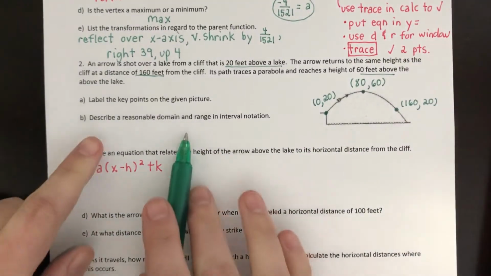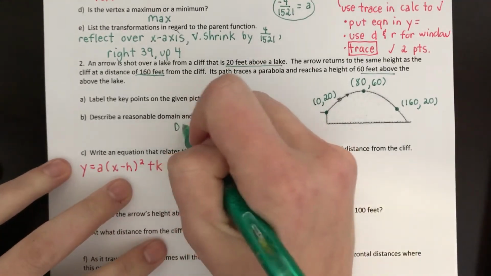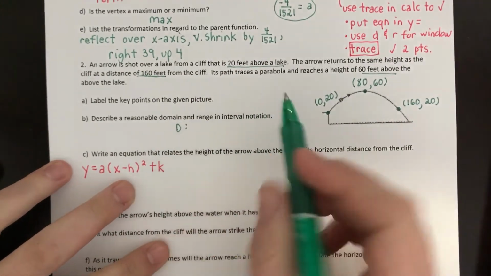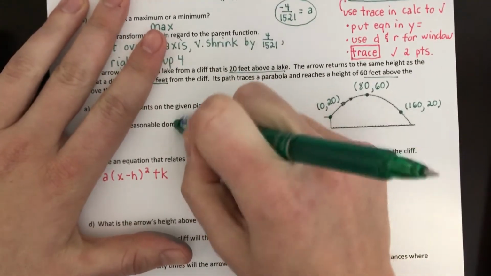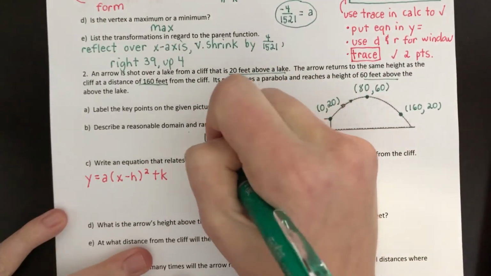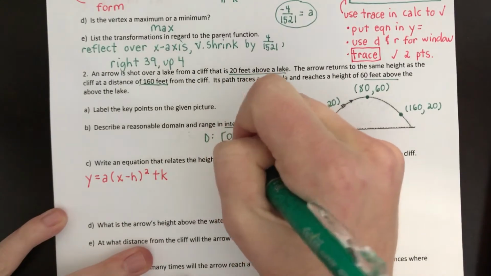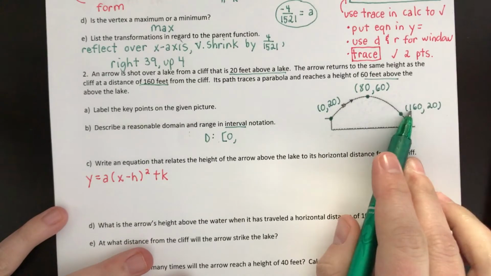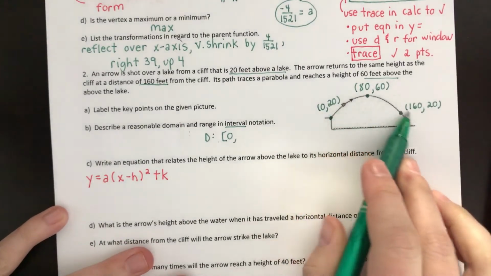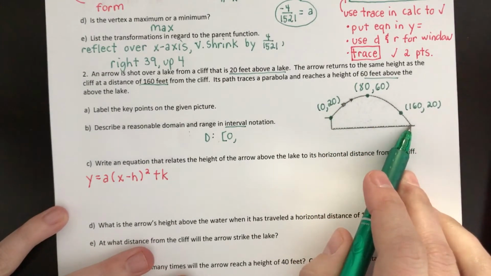I've labeled. Now let's do that reasonable domain and range and set notation. Oh, interval notation. Before we did set, now we're doing interval. So domain is going to be from 0 inclusive. This is 160, but again, if we want to see the whole picture, we want to go kind of off the screen.